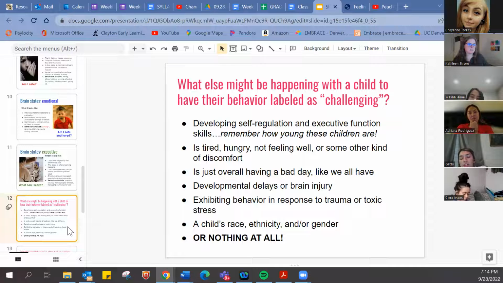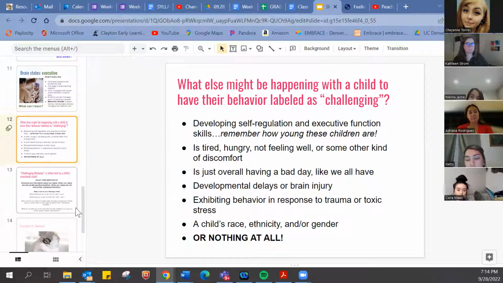Cheyenne, I see your hand is raised. I just wanted to comment because of how we were talking about how it can become toxic stress. When I just had my last child, I learned that toxic stress is very prominent even when the babies are in the mother's womb, because if you're having severe stress as the mom, then it goes all to your baby, and that can really affect your baby's development also.